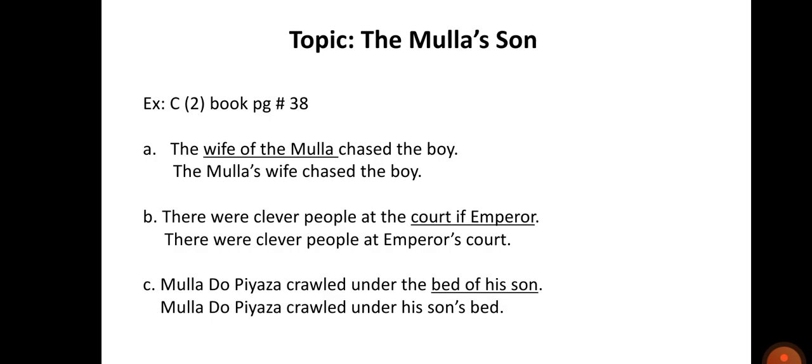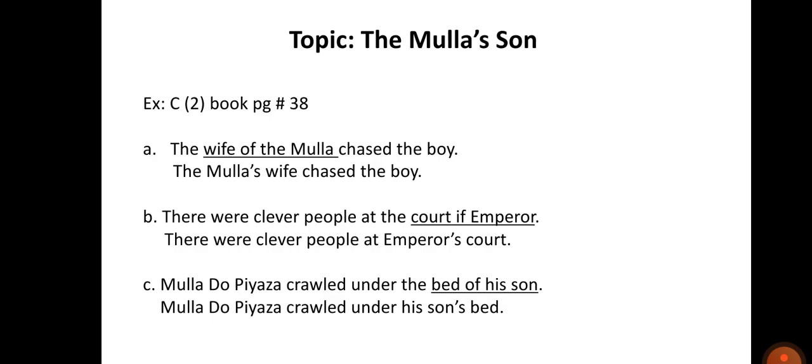So it's telling us the belongingness of the court with emperor. Instead of writing court of emperor, I have written if here, but you have to write of. It's my little mistake. So instead of writing court of emperor, we are just going to write emperor's court, because we are talking about the court that belongs to the emperor.